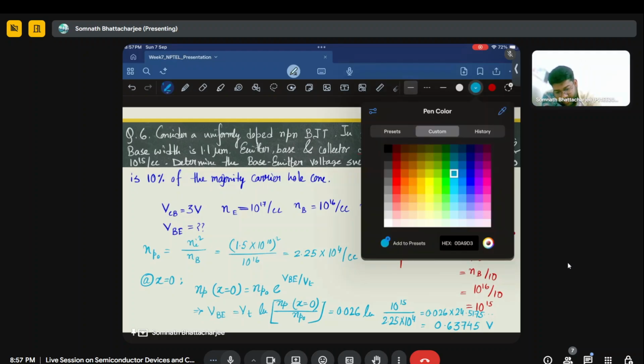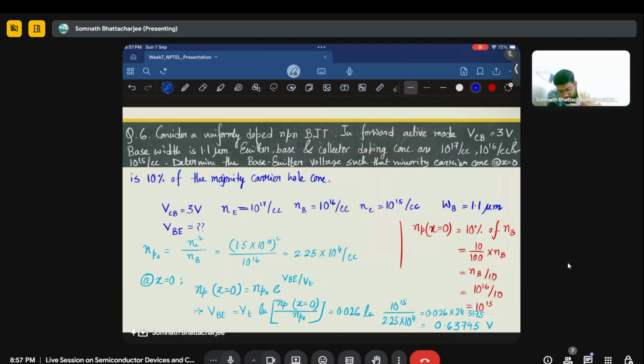So now, as we know, we have considered this value, right? In this case, we also could have considered ni as 10 to the power 10. So in that case, the values would have been 10 to the power 15 divided by 10 to the power 4, that is nothing but 10 to the power 11.